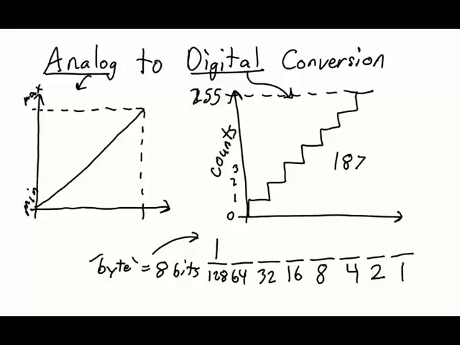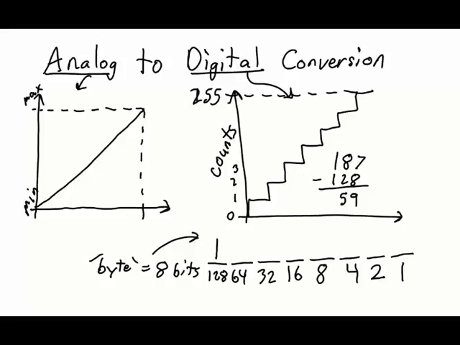Next, I'm going to take the value 128 and subtract it from the original number. 187 minus 128 gives me 59.